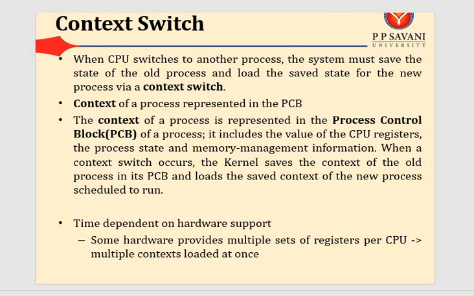It includes the values of the CPU registers, the process state and memory management information. When a context switch occurs, the kernel saves the context of the old process in its PCB and loads the saved context of the new process scheduled to run.